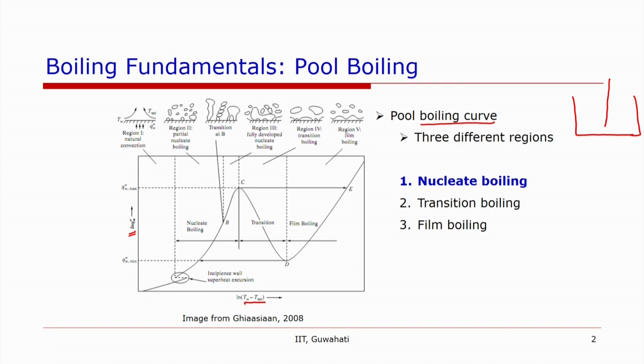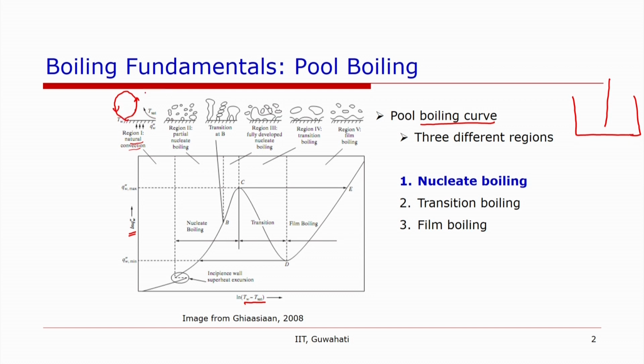Initially, when the surface is heated and the wall heat flux is increased, there is no two-phase flow. Natural convection sets up in the liquid: the hot liquid closer to the wall goes up, then cools down and comes back again.